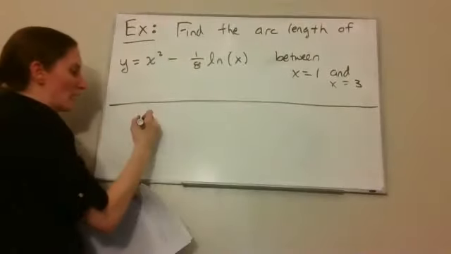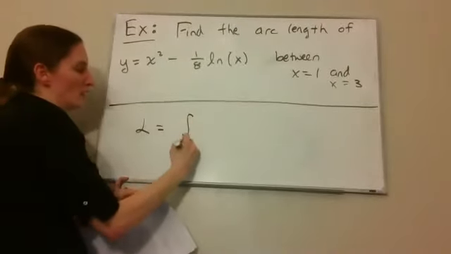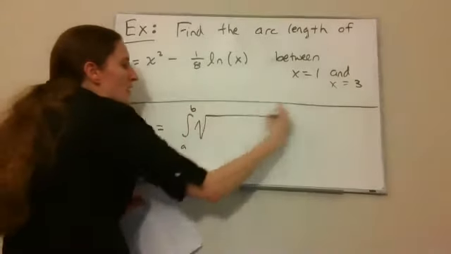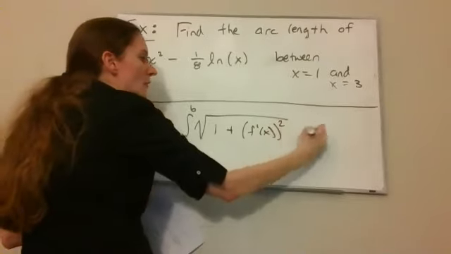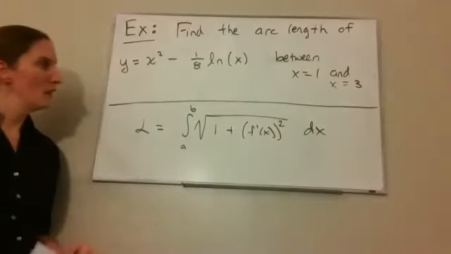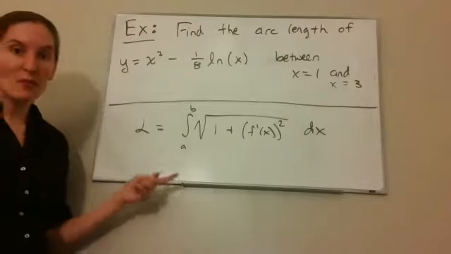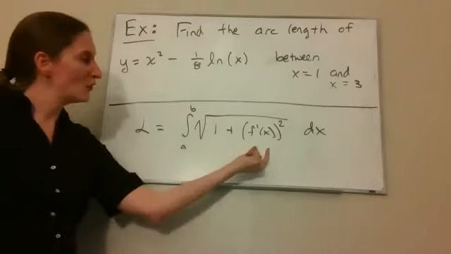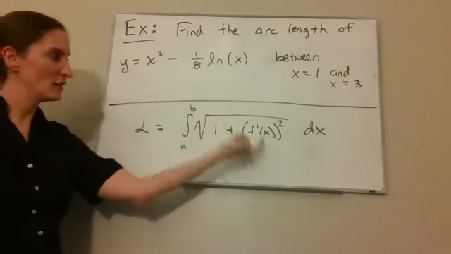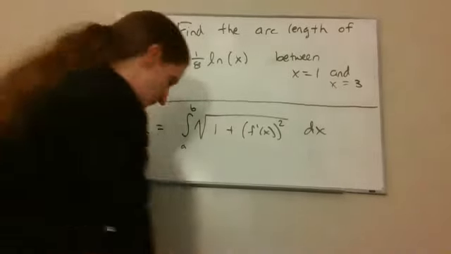So reminder again, what is your arc length formula? Integral from a to b, square root, 1 plus your derivative squared dx. So on this particular problem, my a is going to be 1, my b is going to be 3, and I have to find the derivative of this function to plug it into that.